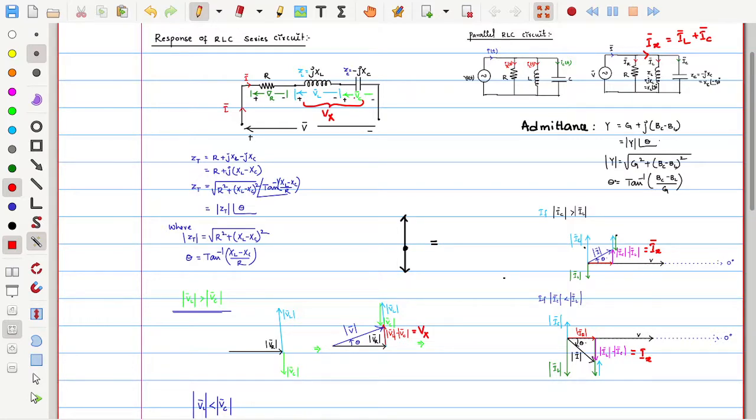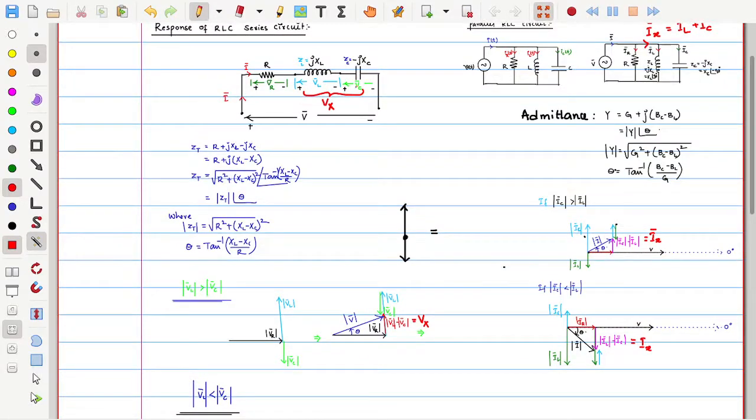So let us talk about the situation when VL and VC are both equal. How much is Vx? Vx is just the addition of these two things. One is in the positive direction, another is in the negative direction. When you add these two of equal value, you will get 0, when VL is equal to VC.